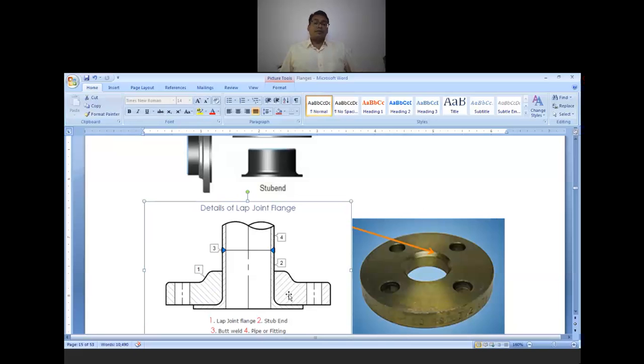However, you can rotate this lap joint so that the alignment is easy. Now they can be used for moderate conditions of temperature and pressure, where fewer vibrations and shocks are there, and have a limited temperature and pressure.